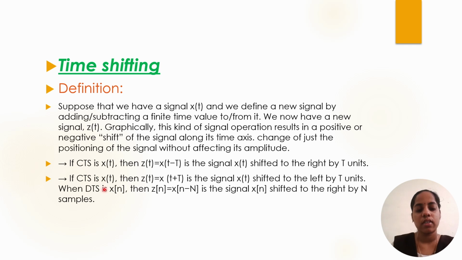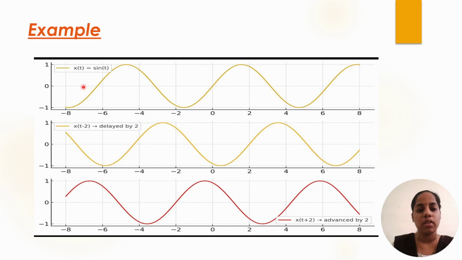If the continuous time system is x of t, then z of t equal to x of t plus T. Is the signal x of n shifted to the right by n samples? Next we have to see an example. This is x of t, sin t.